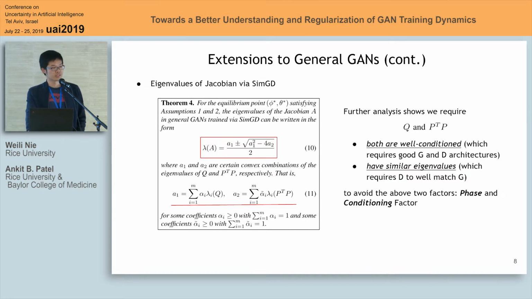Our further analysis shows that we require Q and P transpose P both to be well conditioned, which requires good generator and discriminator architectures, and they both have similar eigenvalues, which requires the discriminator to well match the generator, so that we can avoid the two factors we identified before. We think this is quite a strong requirement for GANs to satisfy.